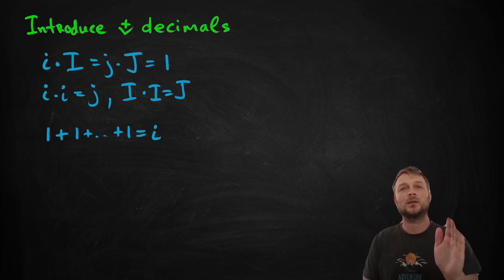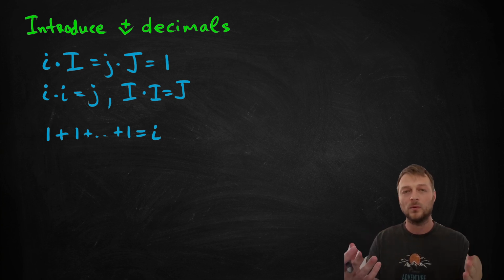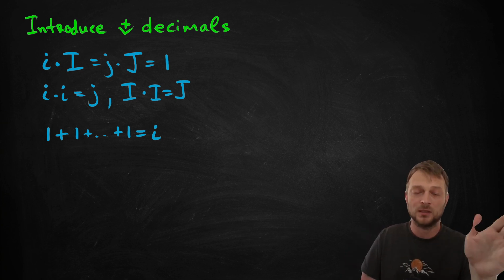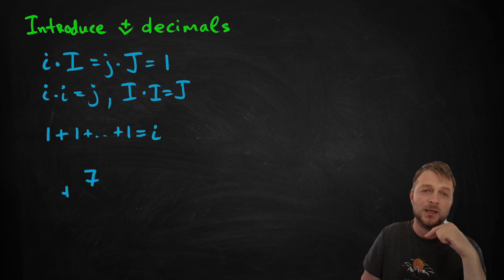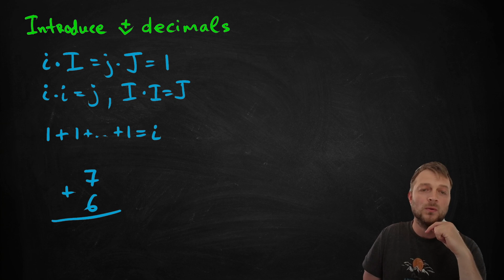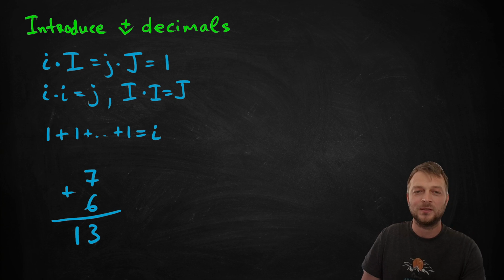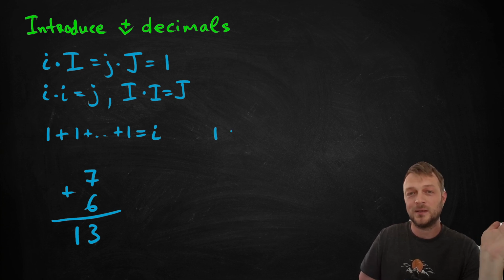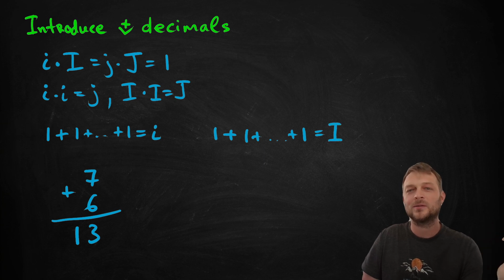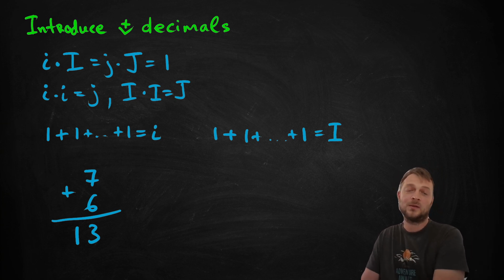So this rule, that when we overflow a position, let's say 7 plus 6, we put that new number to the left position, right? That's a break of symmetry. I want to consider a case where 1 plus 1 plus etc., 10 times, actually equals I. So to restore the symmetry, we need to consider the opposite rule.